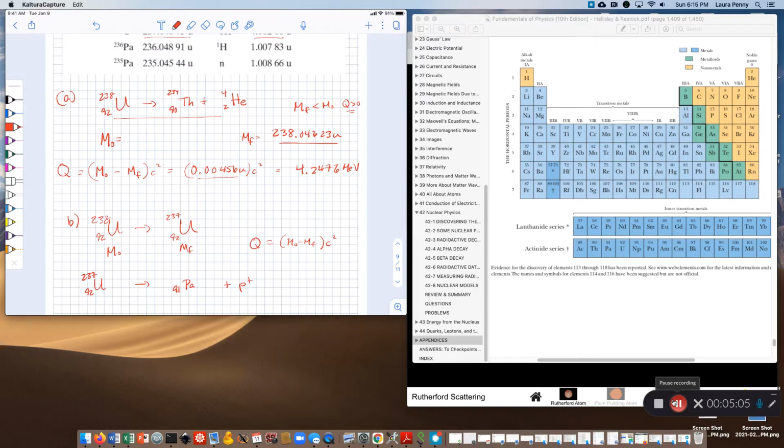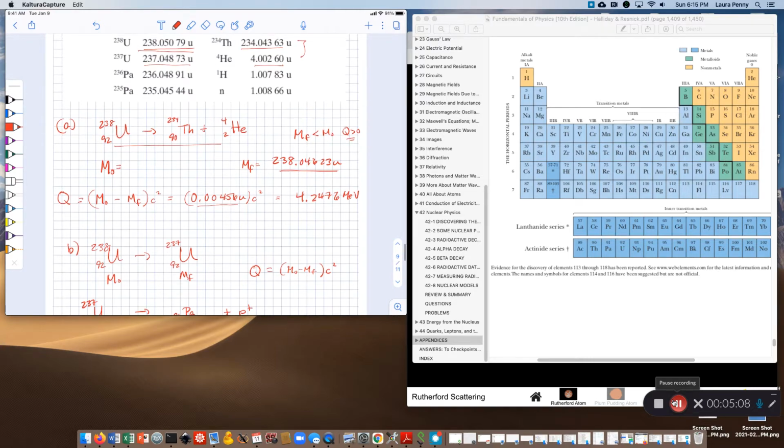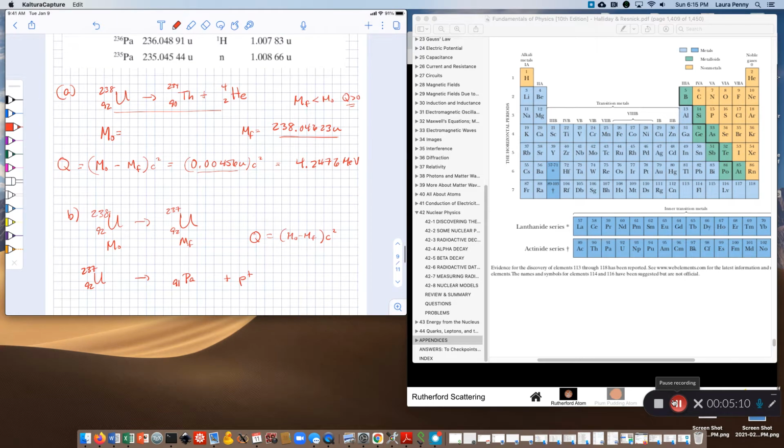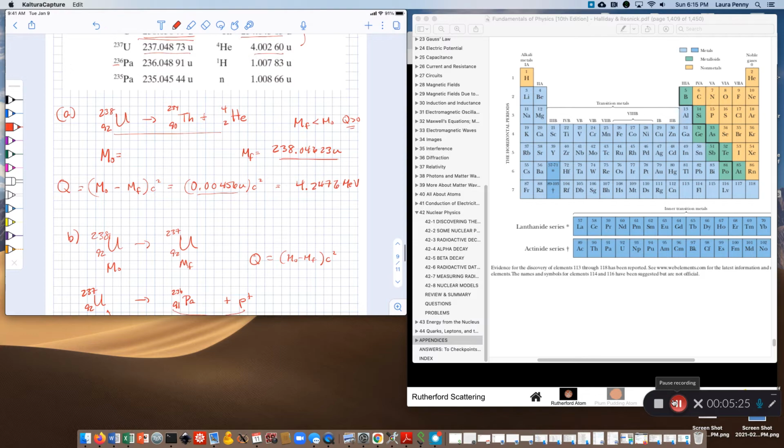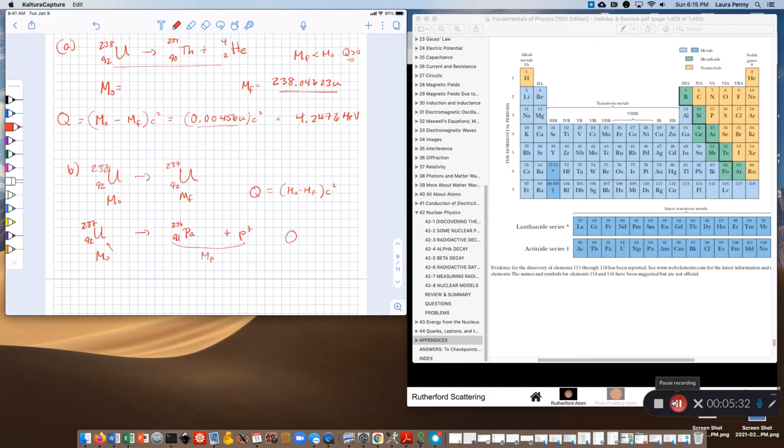And you still have 237. Oh, so now you've decreased your number of nucleons by one as well, because it's over here as a proton. And so now you have the 237 as your initial mass, and these two together are your final mass, where this is your proton, right?